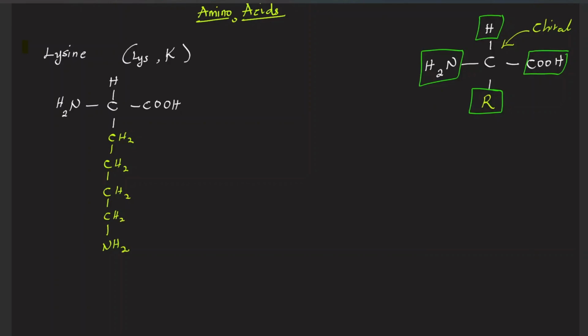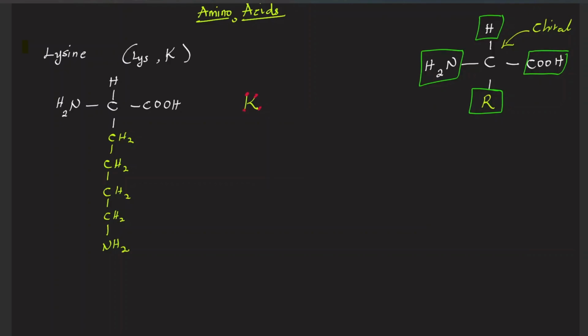Sometimes the structure of lysine can be a little bit confusing in remembering how many CH2 groups. What I use is to remember the letter K. K has 4 points or 4 tips.